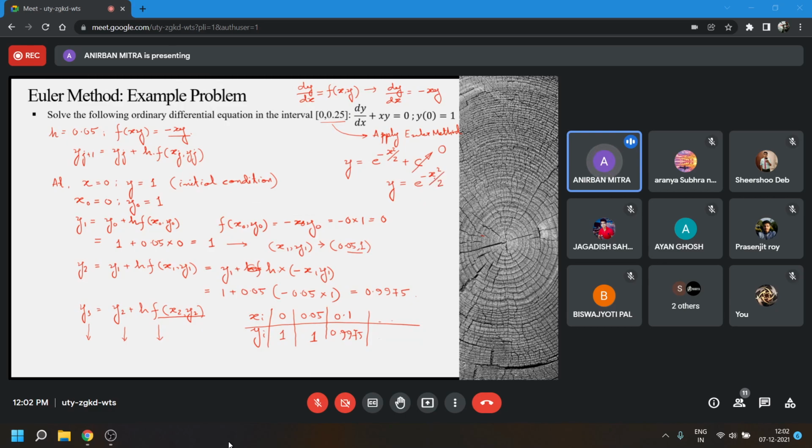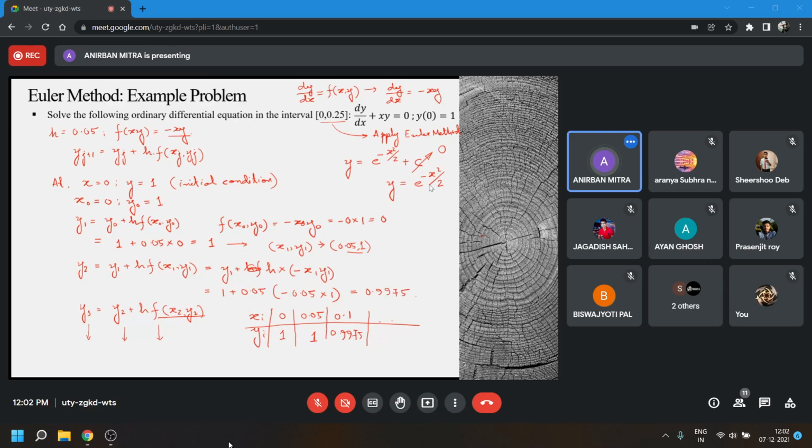If we put x equal to 0, obviously, y would be equal to 1. But in the next case, x is equal to 0.05. So e to the power minus 0.05 squared by 2 should not be equal to 1. It may be very close to 1, but that's not equal to 1.